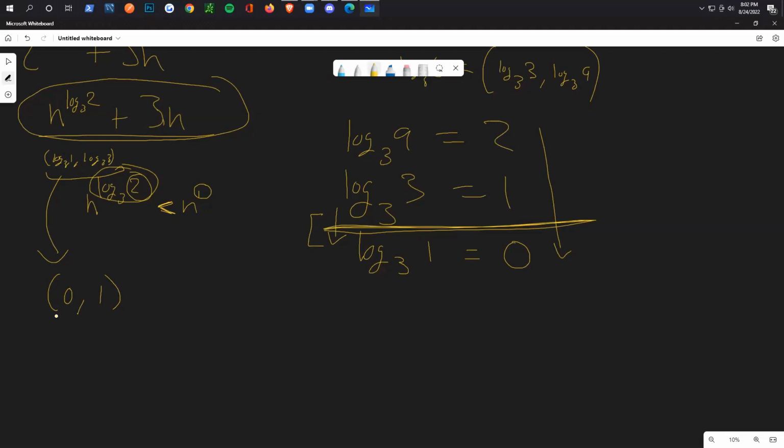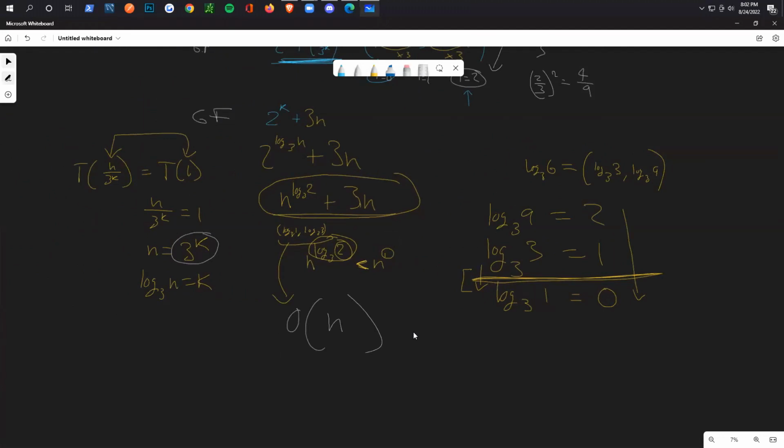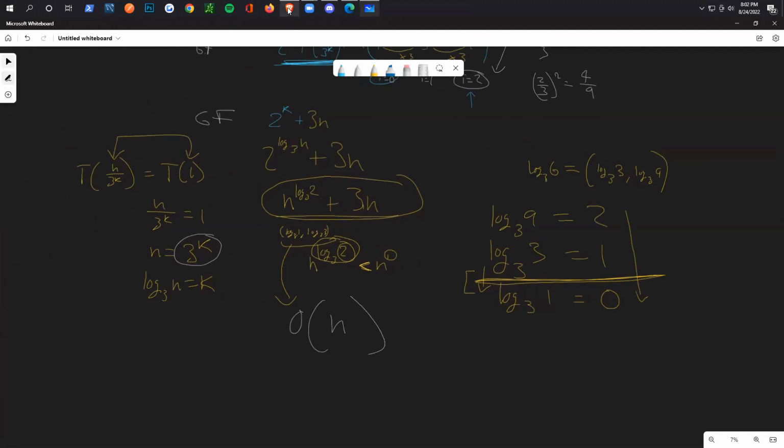Meaning, if it's neither and it's in between, it is less than 1 because 1 is excluded. It's greater than this term. So this term is somewhere between 0 and 1. But that's how you can tell which is the dominating term. So the dominating term is just n to the power of 1, which is just n, and that gives you big O of n. So that's how you can derive that.